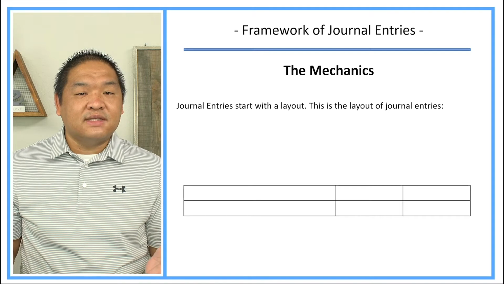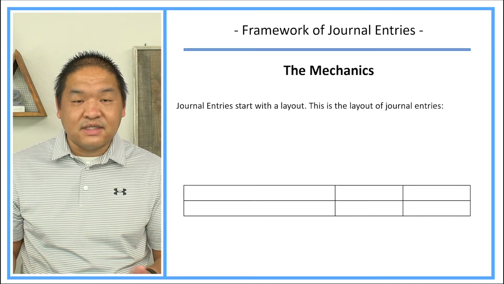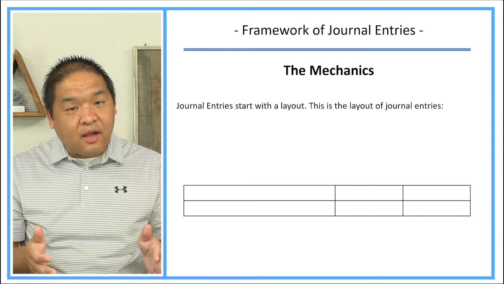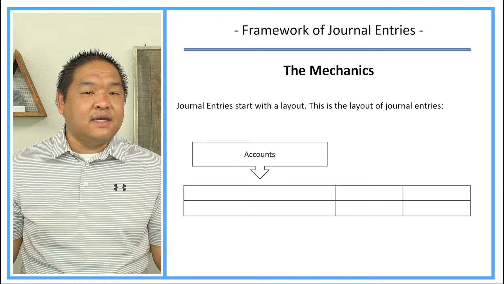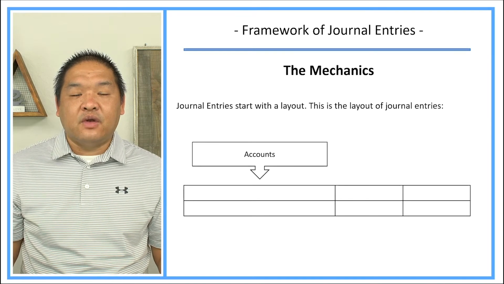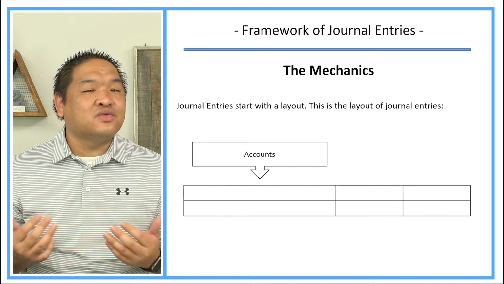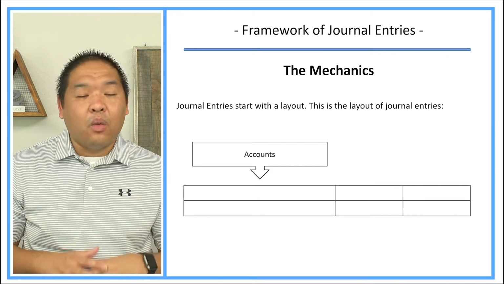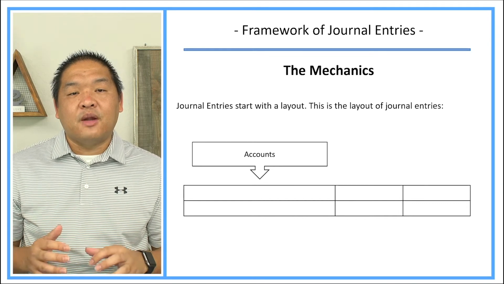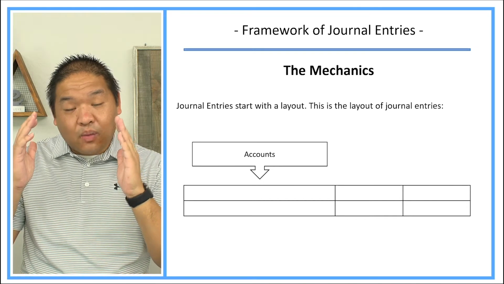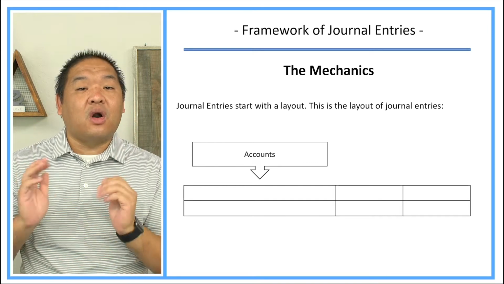There is an organization to these 6 boxes. The first one is the first column, where we are going to write the account name. So if we were dealing with cash, accounts receivable, equipment, whatever the account is that we're going to be dealing with based on the economic event, we're going to book it. We're going to write the account name in that first column.